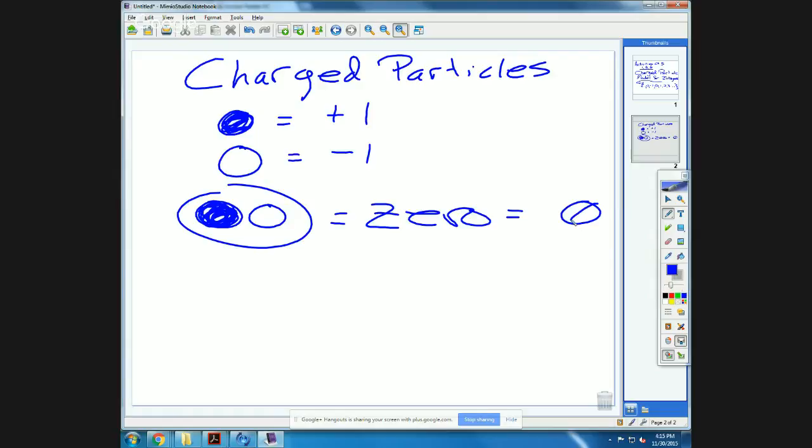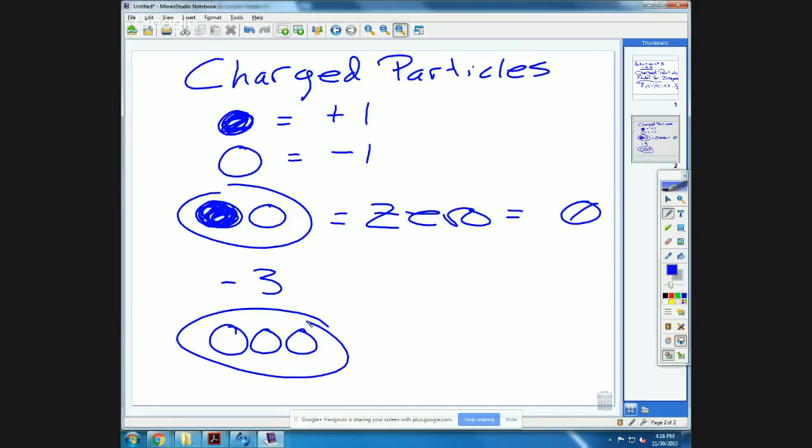I'm putting the slash through it to indicate it's a 0 and not a charged particle. All right. With that in mind, I can make sets of things. If somebody says, in this model, what does -3 look like? Oh, cool, -3 looks like that. There's -3. What does 4 look like? 4 looks like this.